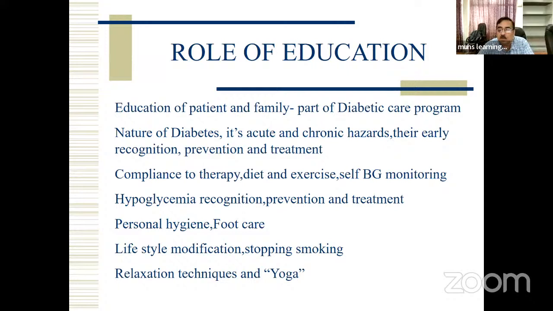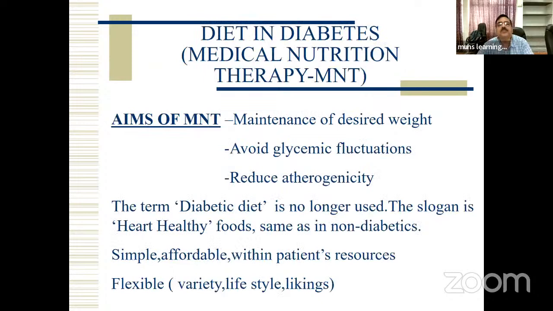Personal hygiene, particularly foot care, and lifestyle modifications such as stopping smoking are mandated. There is huge accumulated evidence for relaxation techniques and yoga in prevention of diabetes, acute as well as chronic complications. That is why the role of education is huge.